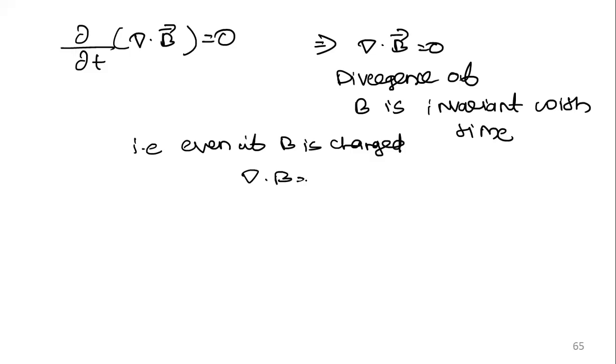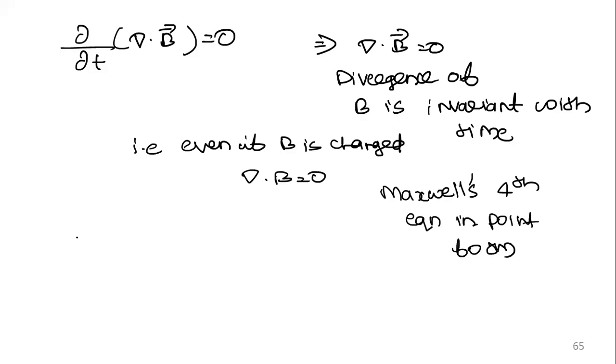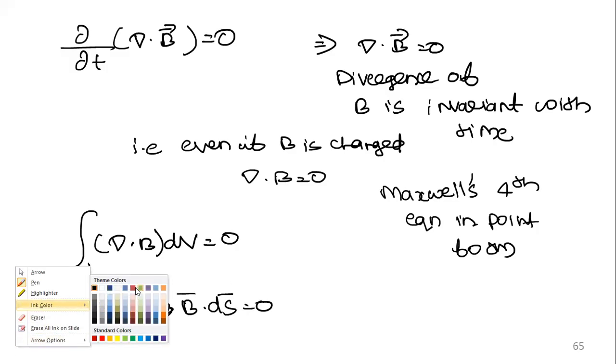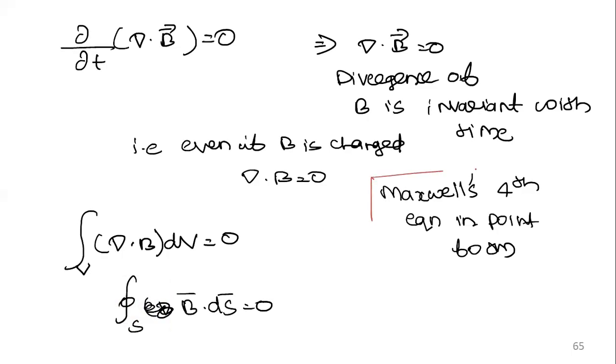So this is the Maxwell's fourth equation in point form, which makes it, we can write integral over V del dot B dV equal to 0. That is integral over S B dot dS is equal to 0. So all these things are realization of Gauss law in magnetic field. So this is the Maxwell's fourth equation in point form.